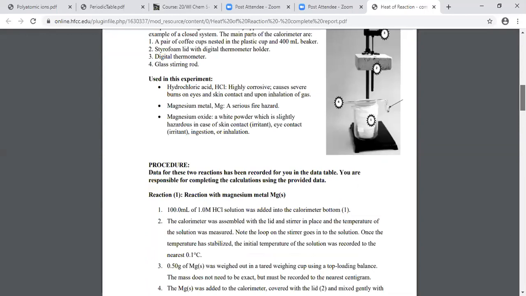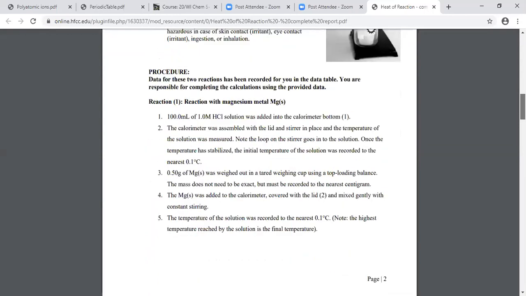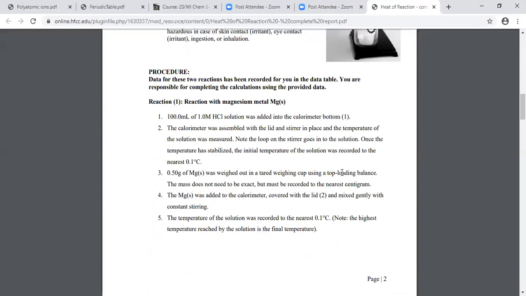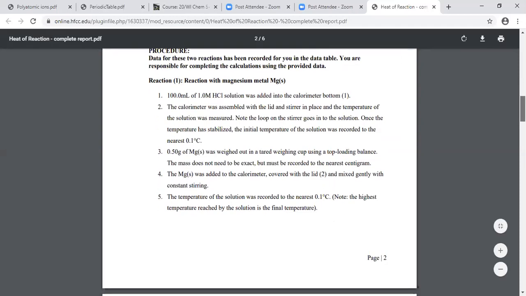All right, so let's look at our procedure. We added 100.0 milliliters of 1 molar hydrochloric acid into the calorimeter bottom. It was assembled and we put the top down, making the closed system. We had the thermometer in there.